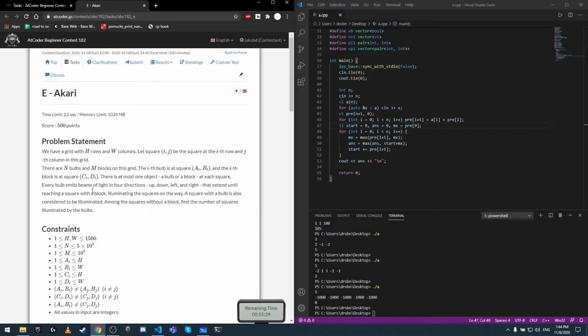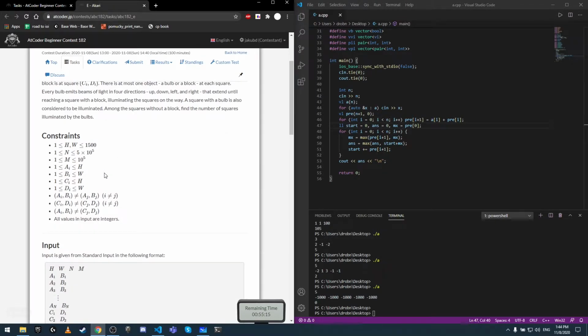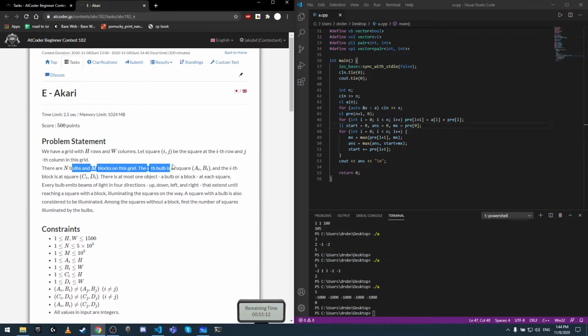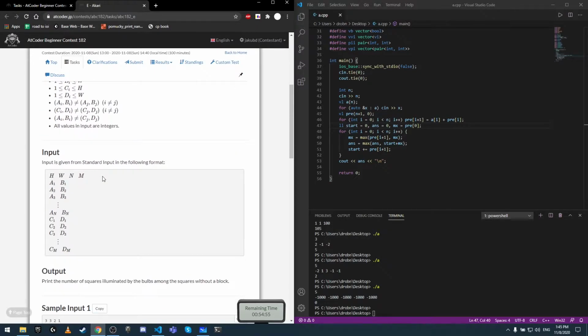So, the hell. So HVM. Okay, there are n bulbs and n blocks. CIDI, AIBI. Okay.